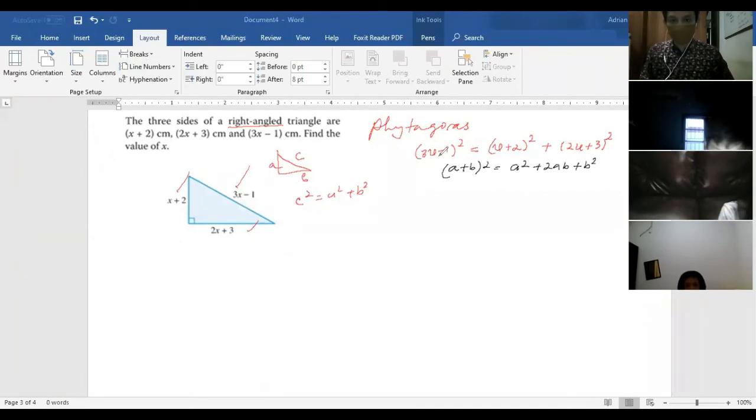So 3x minus 1 squared, so 9x squared minus 2 times 3 times 1, 6x, plus 1 squared, 1, right?